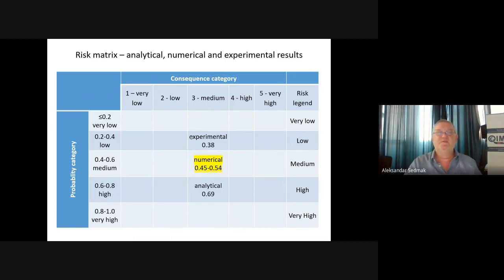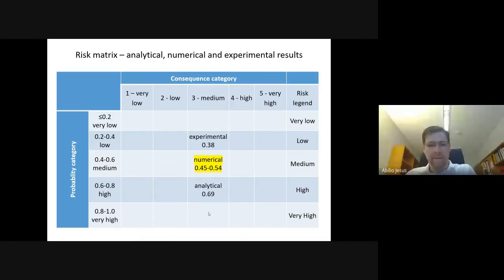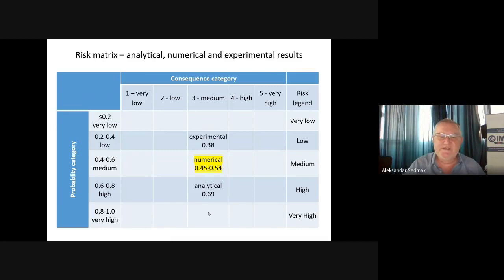And we hold the experimental to be the most precise and numerical to certainly be more precise than analytical, or better to say less conservative. So keep in mind that by using a conservative analytical procedure, you will get the highest risk, or we can say we will get unrealistically high risk.